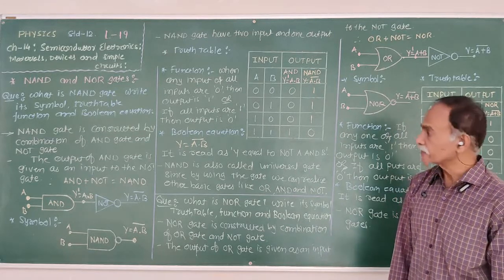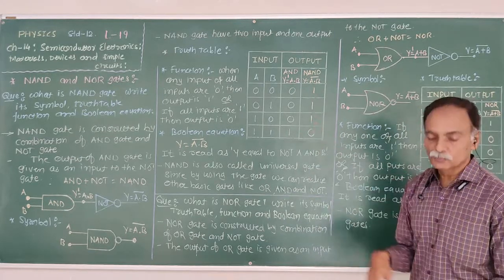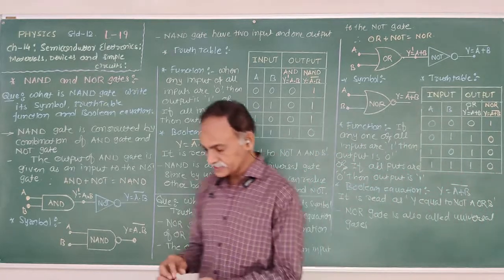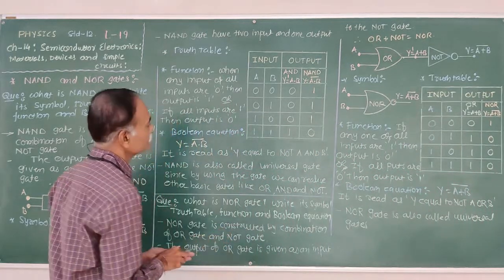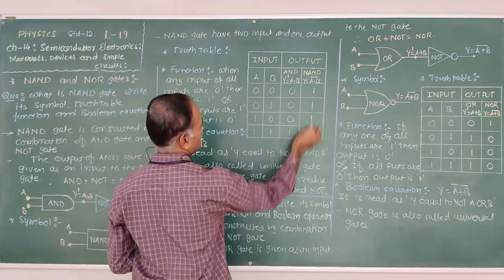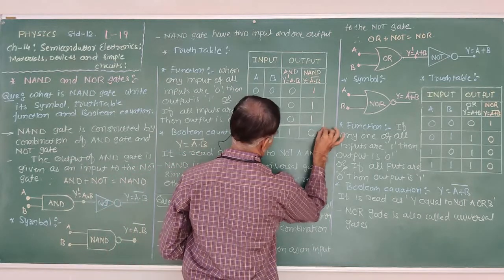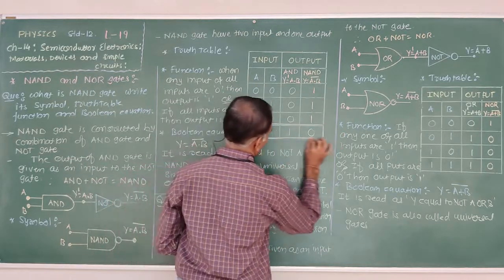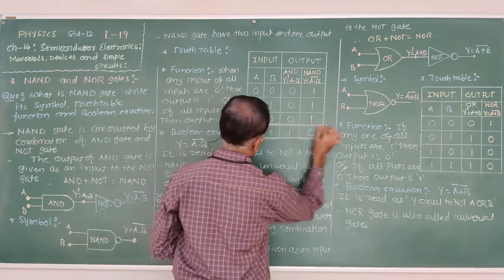Now what is the function? What is the different output? The different output is 0, otherwise 1. So that is the characteristic of the NAND gate.